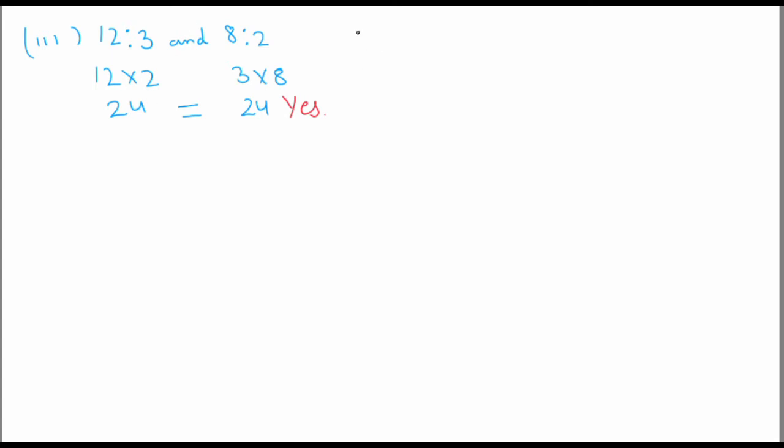Coming to the fourth question, it is 25 is to 40 and 20 is to 32. So what are the extremes over here? 25 and 32 are the extremes, and 40 and 20 are the means.